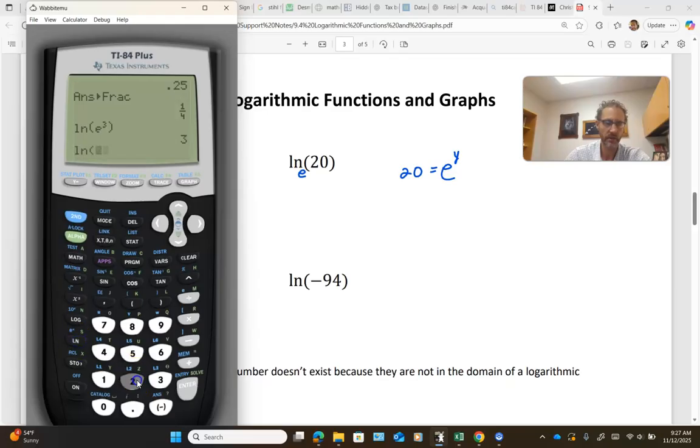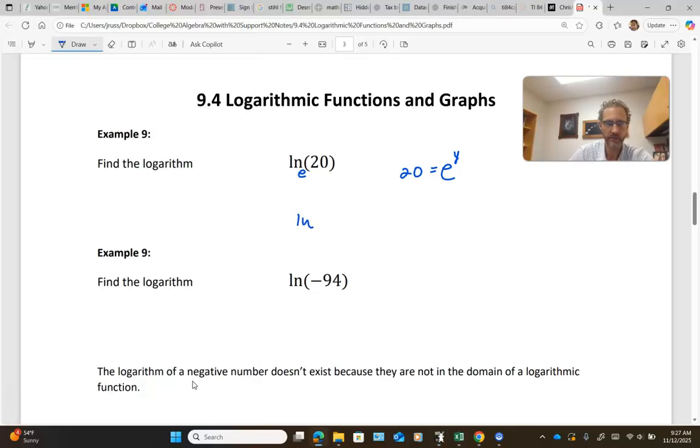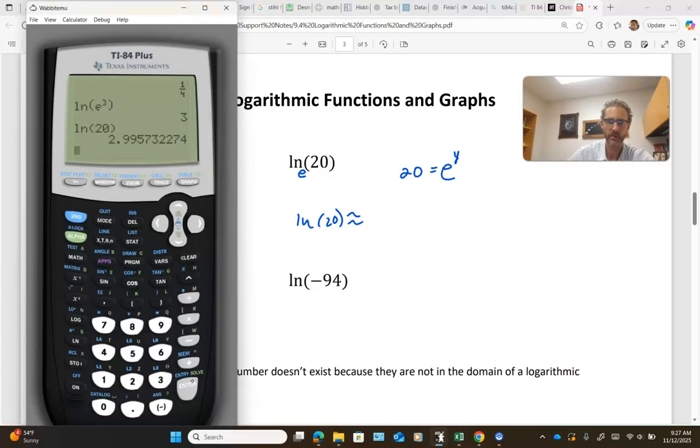The natural log of 20, you hit enter, it's approximately equal to, okay, so I use the wavy equal sign to show that we're talking about an approximation. Approximately equal to, notice this decimal. There's no pattern here, right? And the digits will go on forever.